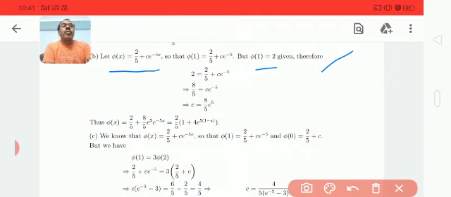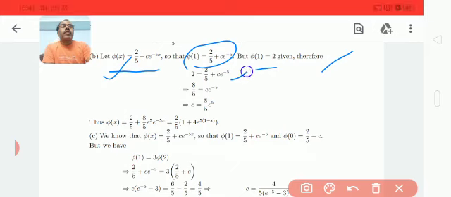So from this expression, phi of 1 is equal to 2 plus c into e to the power minus 1. Just put x is equal to 1 and you will get this. But phi of 1 is given, the initial condition is given, therefore this can be written as 2 is equal to 2 plus c into e to the power minus 1.